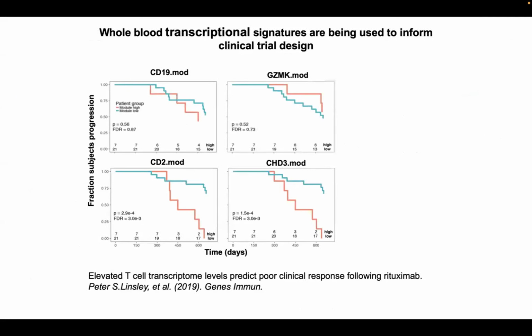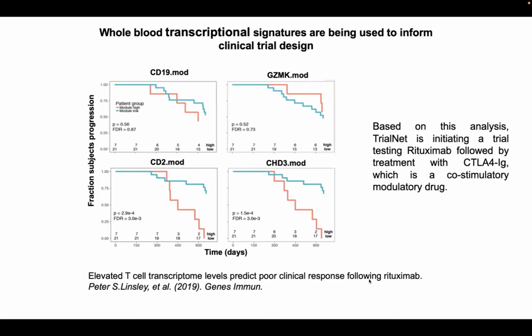There has also been another study from Peter Lindsay's group. They found that an elevated T cell transcription level could be associated with poor clinical response following the drug treatment. Based on this analysis, TrialNet initiated a trial following rituximab treatment with another drug, the T-cell regulating drug CTLA-4, to treat those patients.